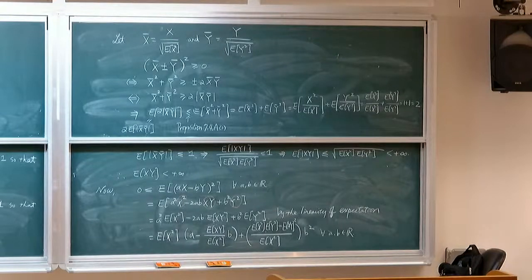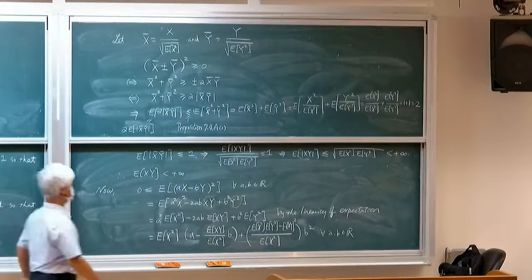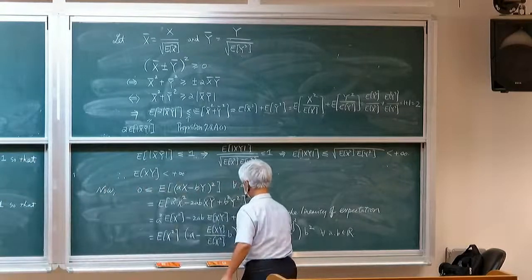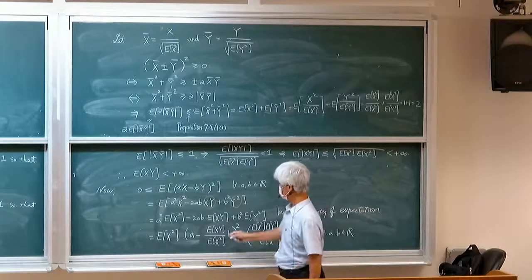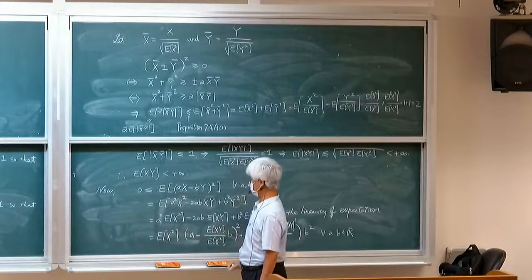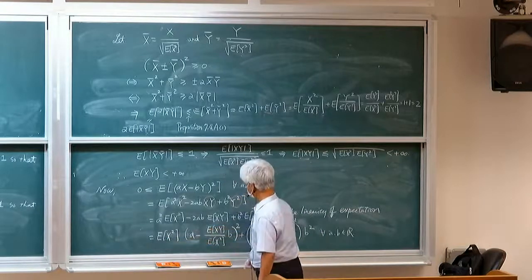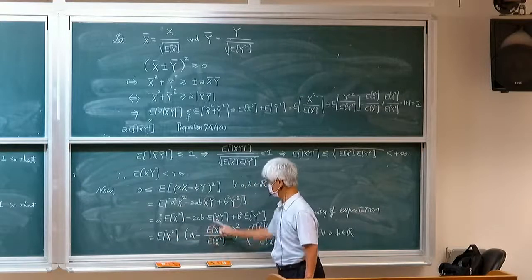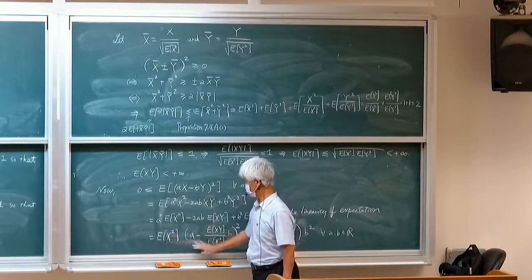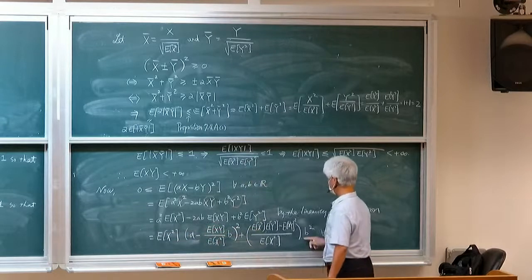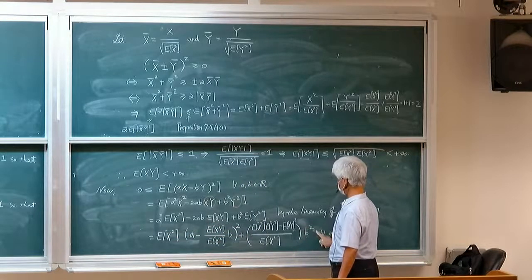All right, and look at, oh, sorry, this is squaring here. So now, this is non-negative, and this term is non-negative. And b squared is here.